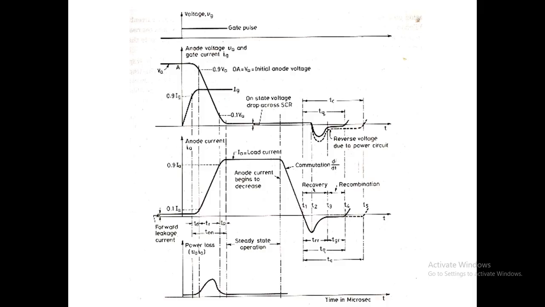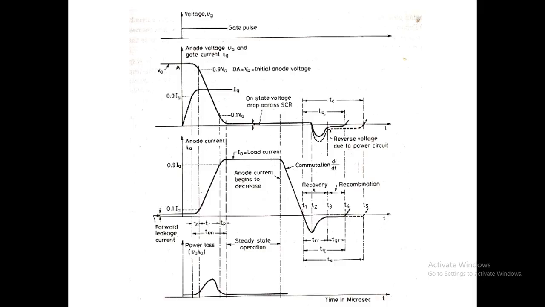In other words, the SCR is a 4-layer, 3 junction device. PNPN are the 4 layers, and on application of the gate current, it will inject some charges into the third layer. The third layer will be the P-type layer.